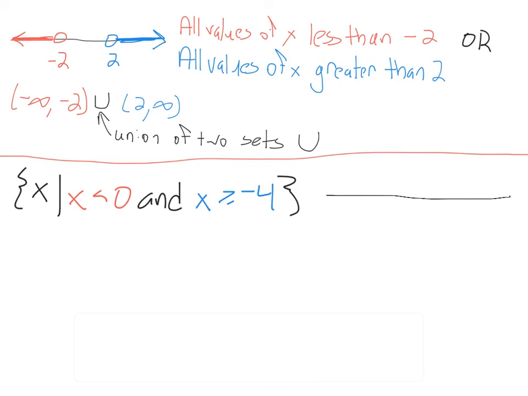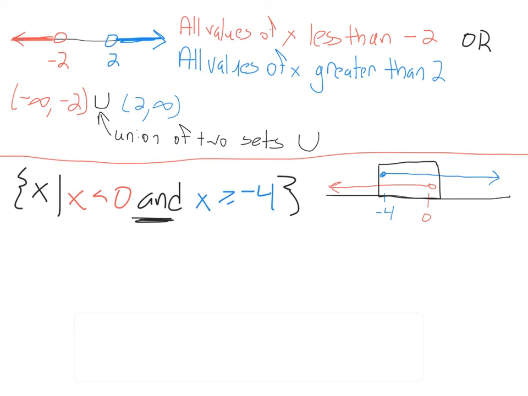So all values of x that are less than 0, here's 0. I would put an open dot, go all the way off to the left. So that's in red. All values of x that are bigger than or equal to minus 4, here's minus 4. I have a closed dot, and I go up here. And now we want to make sure that we include only values of x that satisfy both of these conditions. So that would be this set right in the middle.